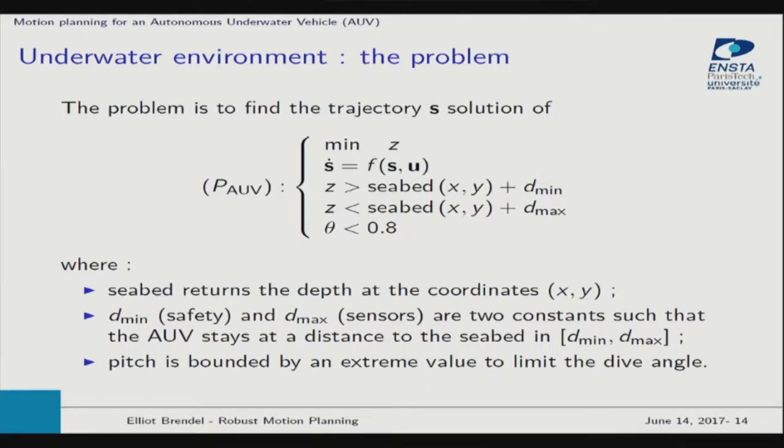And as constraint, we consider that because of safety, we want to be at least at a distance d min from the seabed. And we also want, because of the sensors, to be at least close to the seabed with a distance d max. And we also bounded the pitch to limit the dive angle.